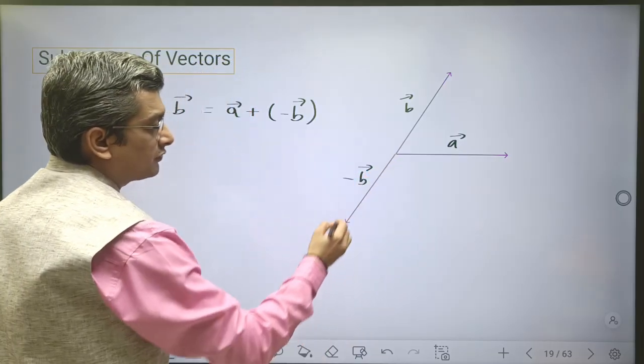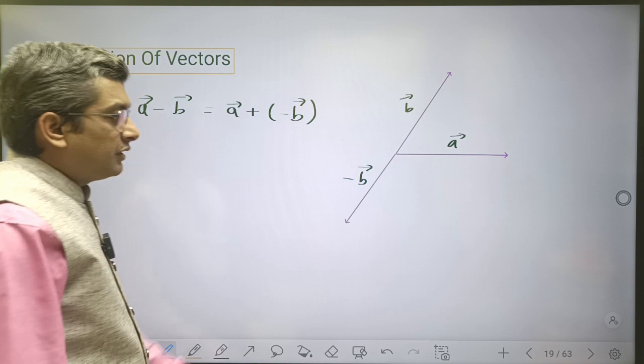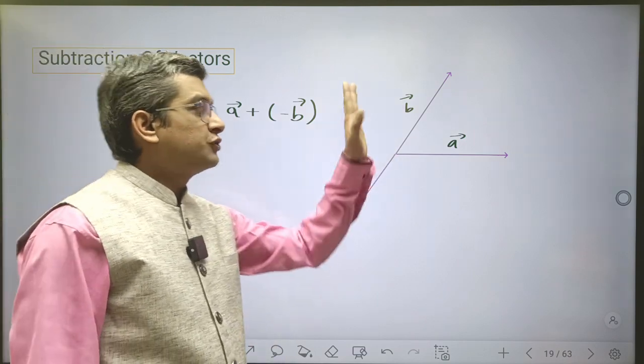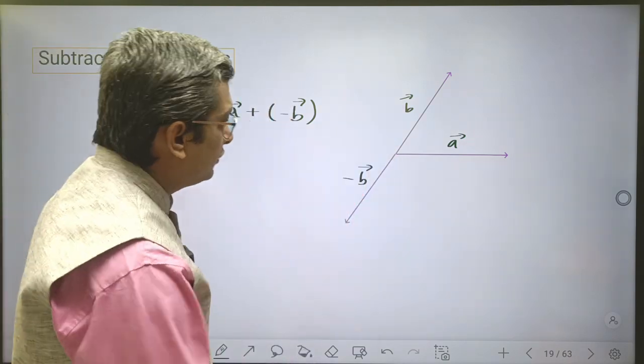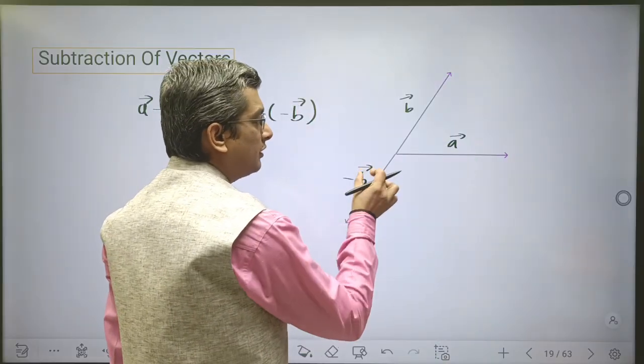Why? Because the magnitude of both vectors, the length of both lines, is the same, but the direction of minus B is exactly opposite to B vector, isn't it? So this represents minus B, and we have to add this A vector and minus B vector.